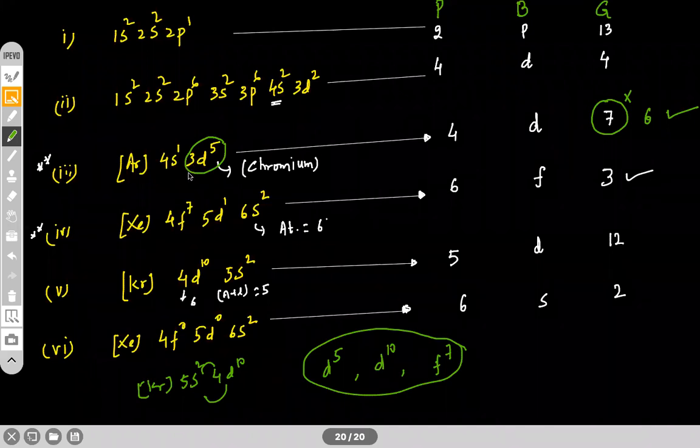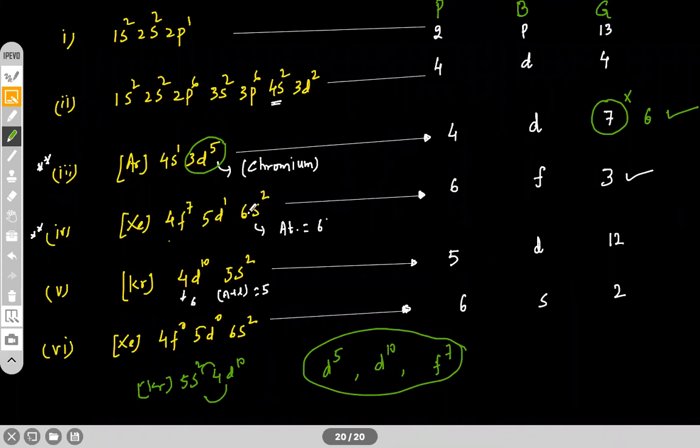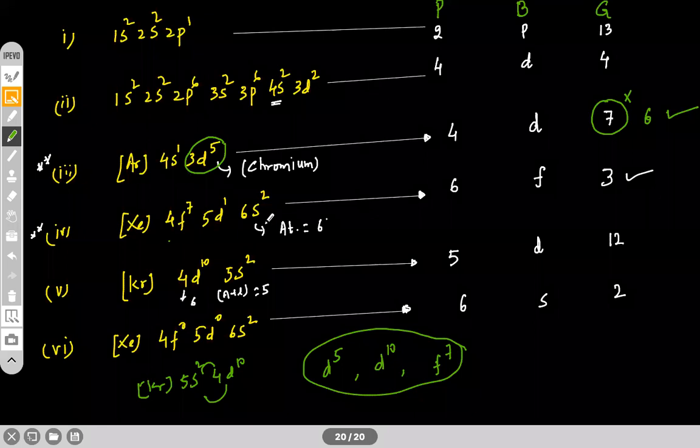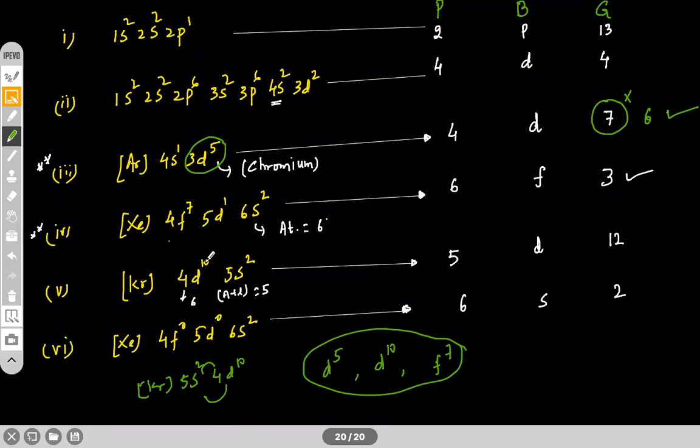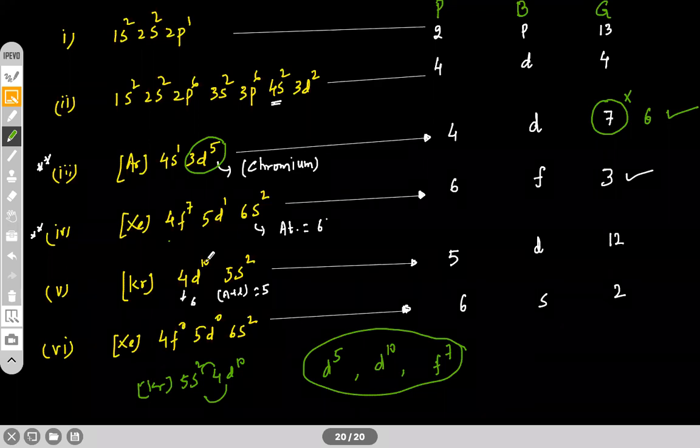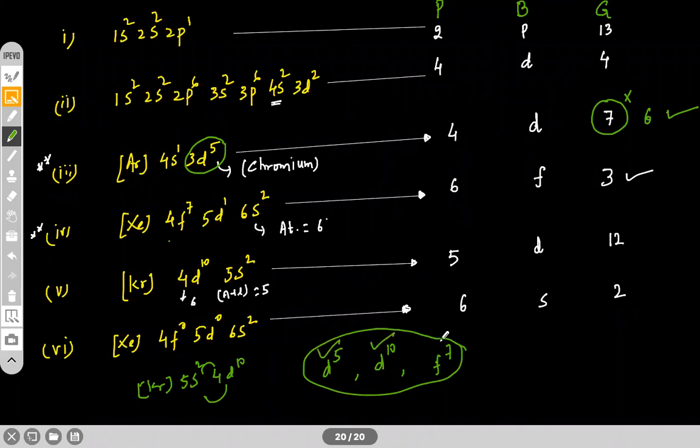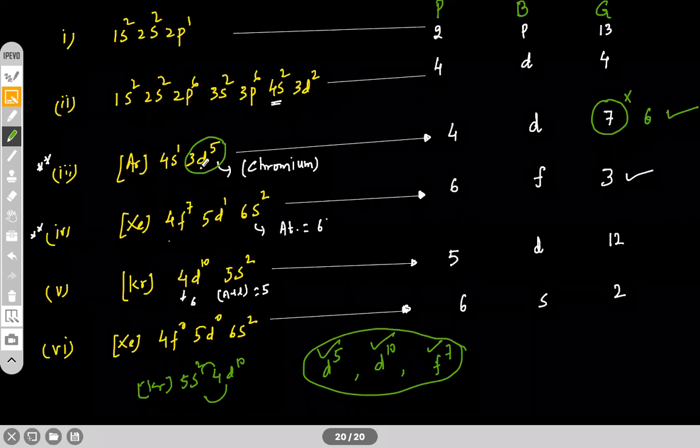So my suggestion is, whenever you have this kind of confusion, you just check n plus L value. Accordingly, you can say the orbital which has lesser n plus L value, electron goes into that orbital first. The one which has maximum n plus L value would be the last orbital to be filled, right? But when you have this configuration, D5, D10, F7, then you have to think over it, like how to do, what is possible and all, right?